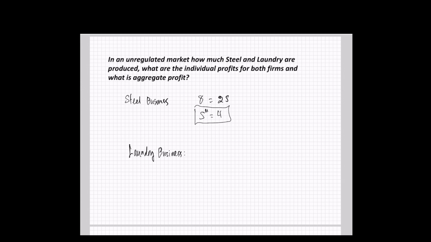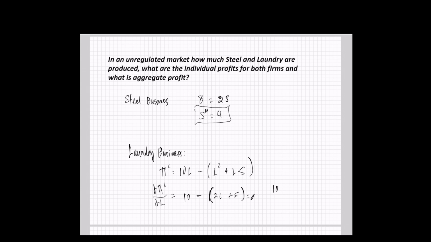it has its own profit, which was the price of laundry times the quantity, minus the total cost, which was L squared plus L times S. All right, and if we look at the change in the profit for the laundry caused by a change in the thing that they can control, right, L, or choice of L, well, we get the marginal revenue, which is price, minus, that's a parenthetical statement, 2L plus S. All right, and that, of course, is set to 0 to find where profits are exhausted.